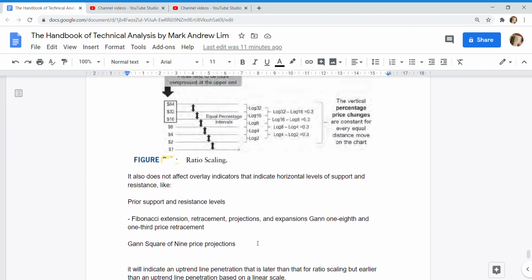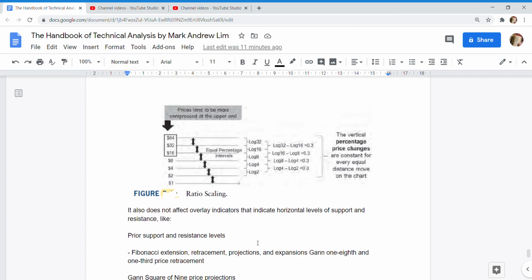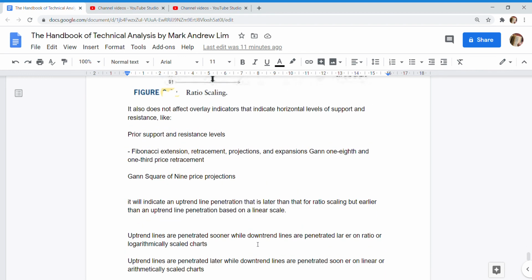It also does not affect overlay indicators that indicate horizontal levels of support and resistance, like prior support and resistance levels, Fibonacci extension, retracement, projections, and expansions, Gann 1/8 and 1/3 price retracement, Gann square of 9 price projections. It will indicate an uptrend line penetration that is later than that for ratio scaling but earlier than an uptrend line penetration based on a linear scale.